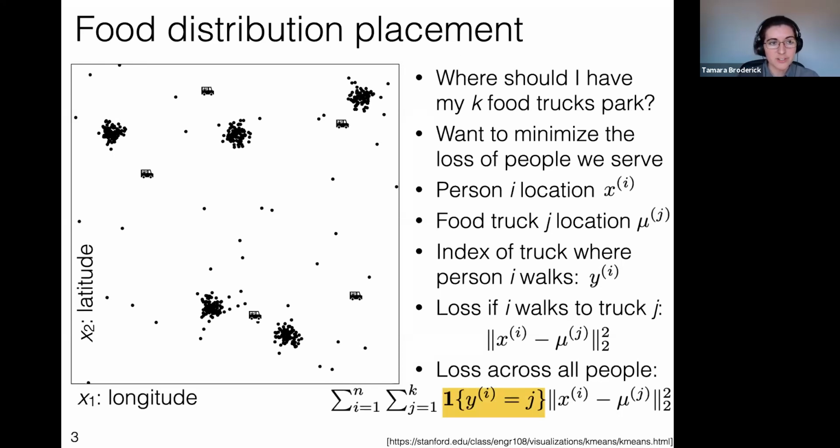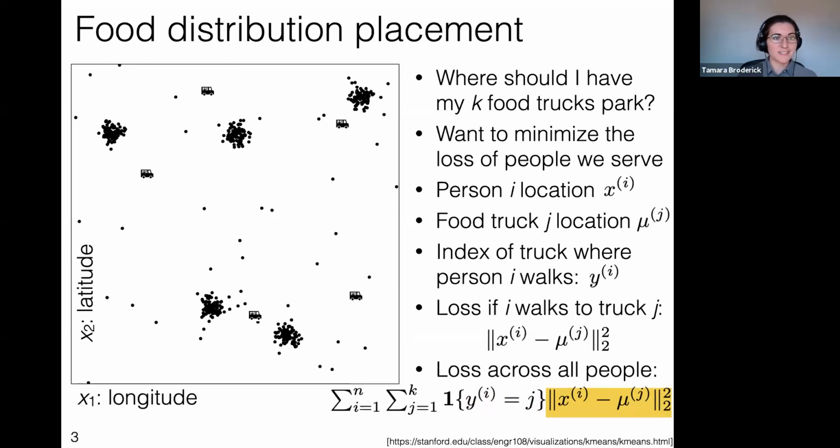The indicator is 1 if what's inside of it is true and 0 if what's inside of it is false. So all but one of the food trucks are going to have 0 here. The one that the person is assigned to is going to have 1, and in that case, we take the squared Euclidean distance to that food truck. Hopefully you can convince yourself that this is exactly the same formula as summing up over all of the individuals the loss between them and the food truck that they're going to.